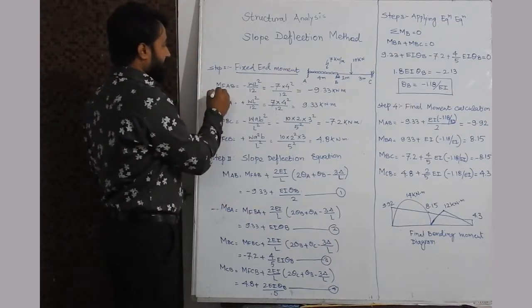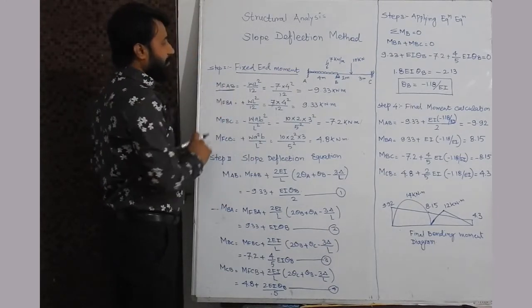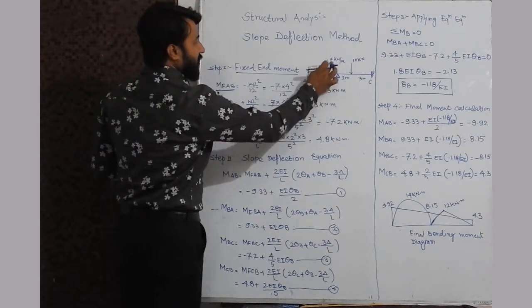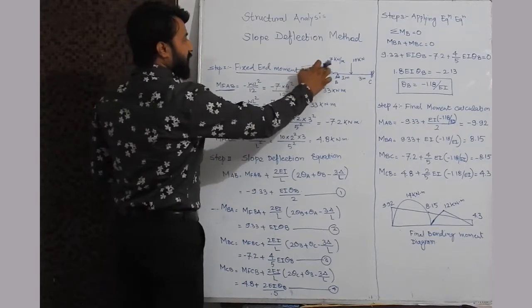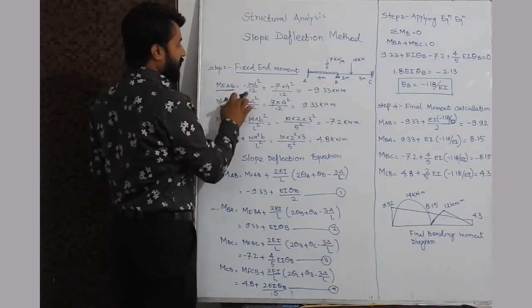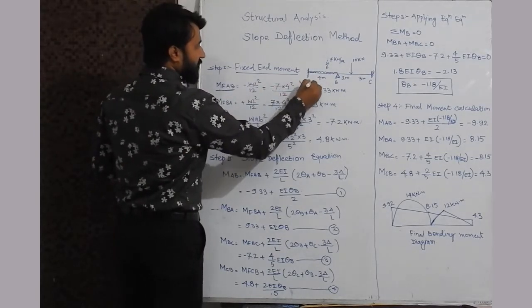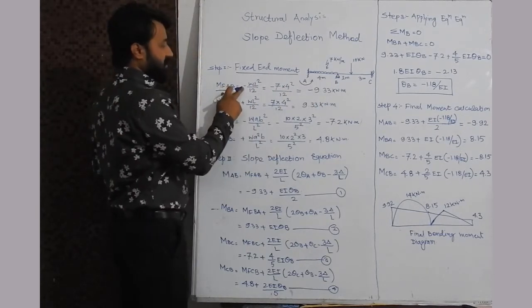Fixed moment AB, MF AB: the span has UDL. According to yesterday's lecture, for UDL the fixed moment value is minus WL square by 12, as the rotation is anti-clockwise, that's why there is the minus sign.